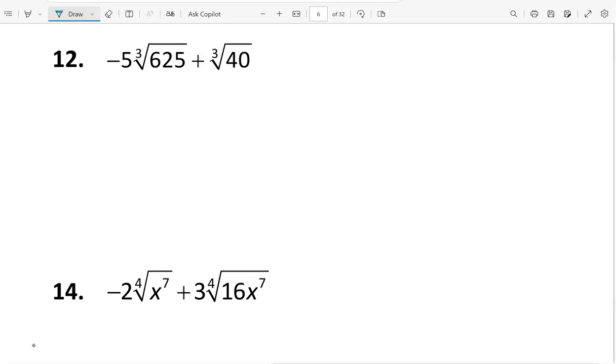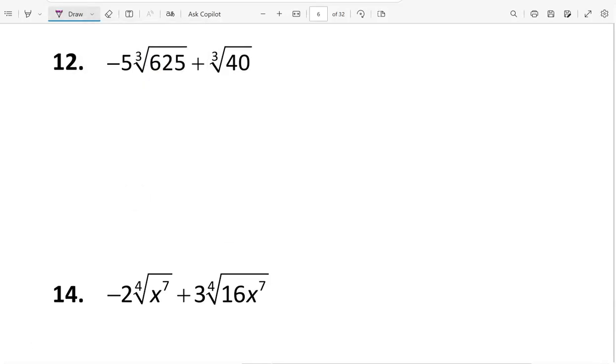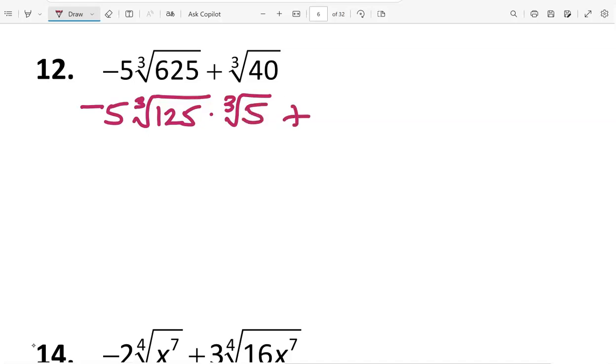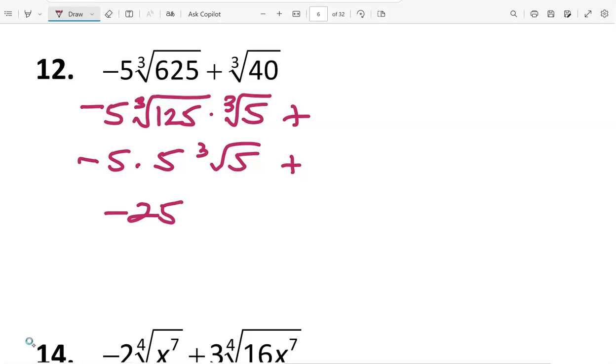All right, in 12, we have some radicals to simplify here, cube roots this time. And 125 is a perfect cube factor of 625. It goes in 5 times. So when we simplify this first term, that's 5 times 5 times the cube root of 5. And further simplifying, that's negative 25 times the cube root of 5.